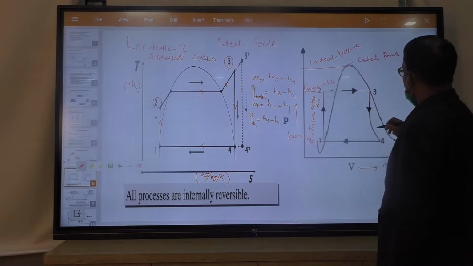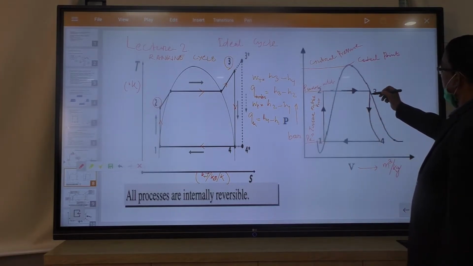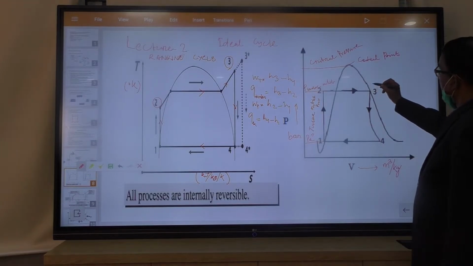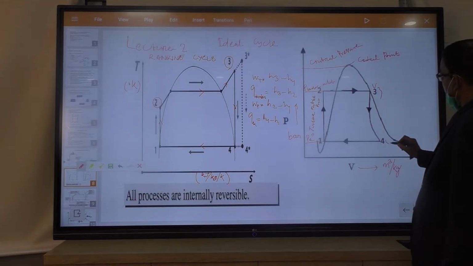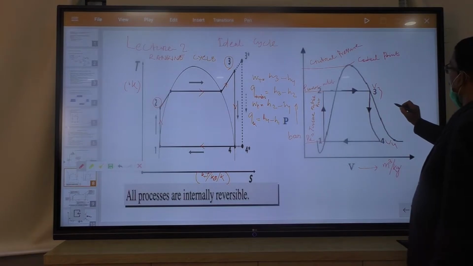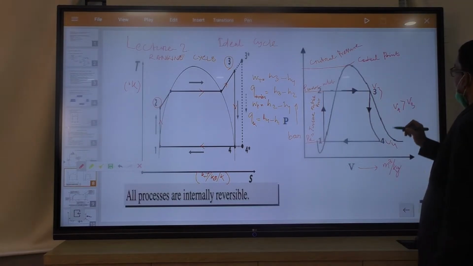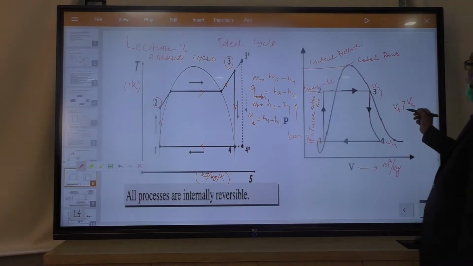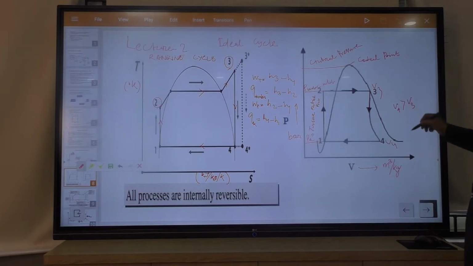That means expansion takes place. This is V3, this is V4. Here V4 is greater than V3. That means it is an expansion process. Final volume is more than initial volume.